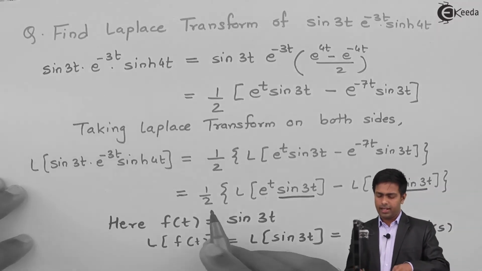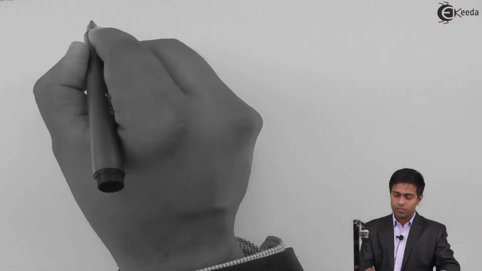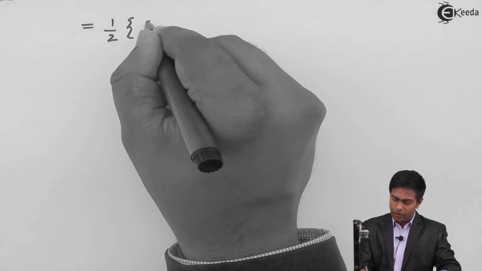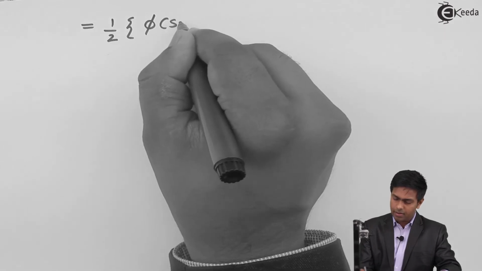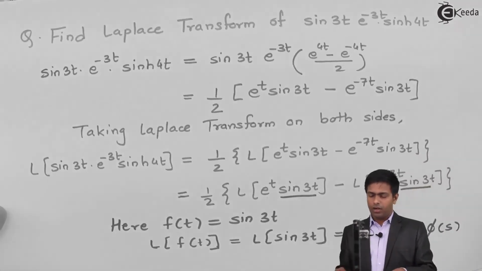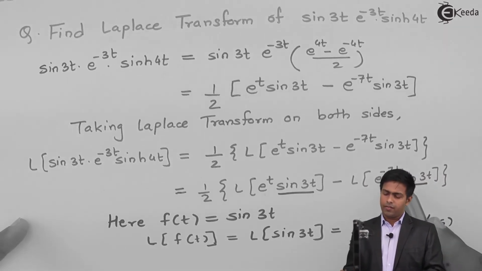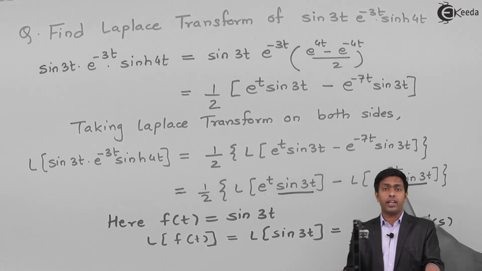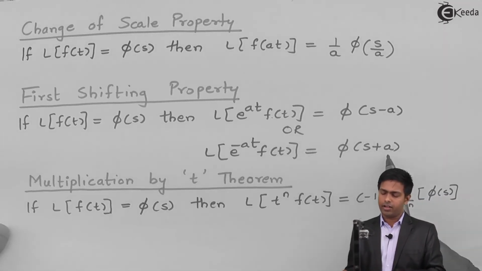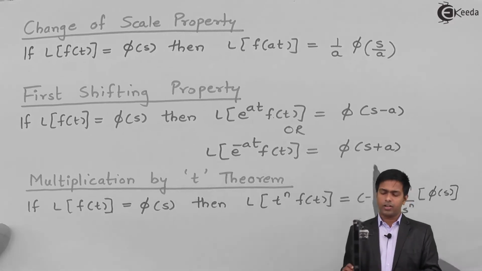So I'll say that it is equal to 1 by 2 in bracket, function of s minus 1, middle sign negative. Now let's observe the second term. Here the value of a is negative 7, that is negative a. In that case, whenever a is negative, we get positive a in the function.